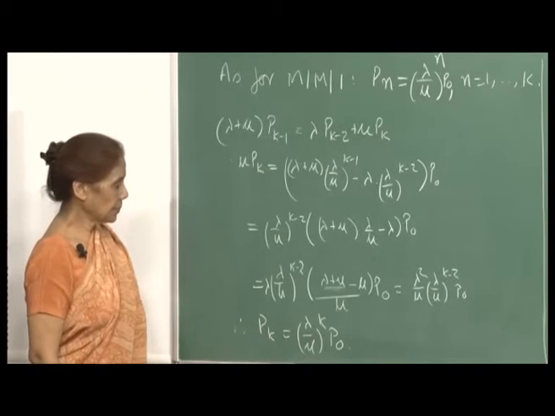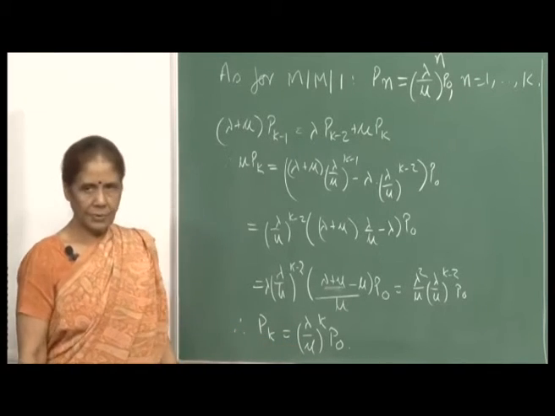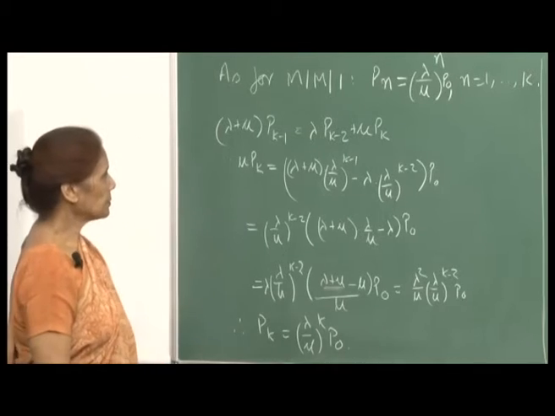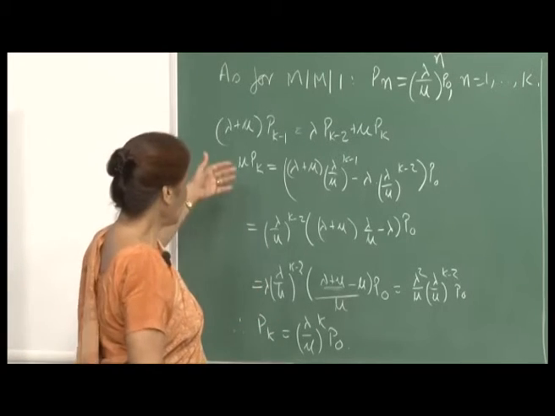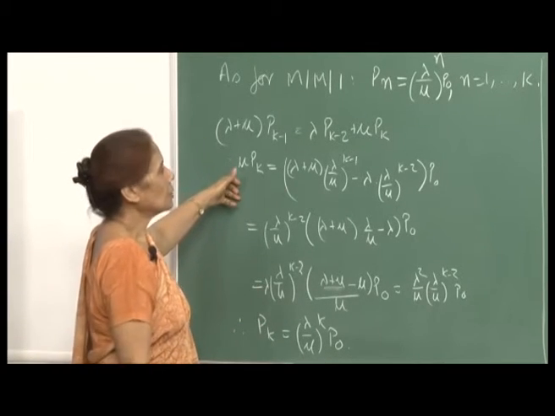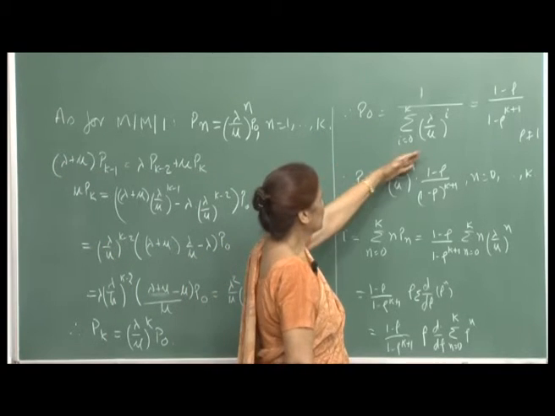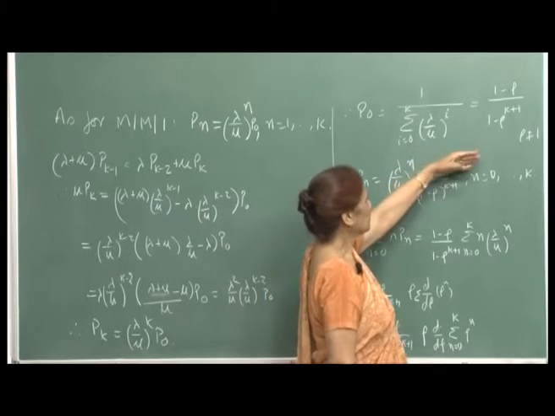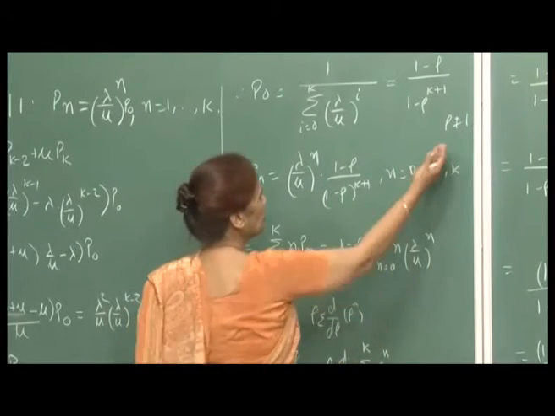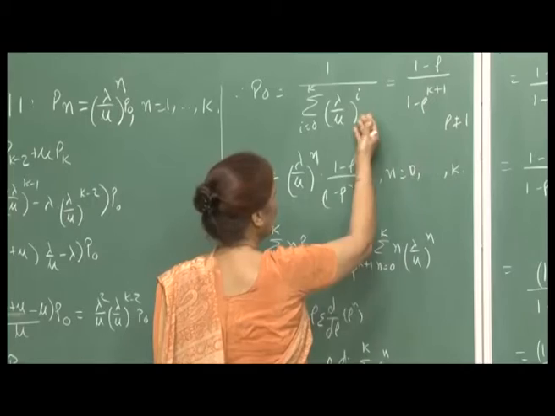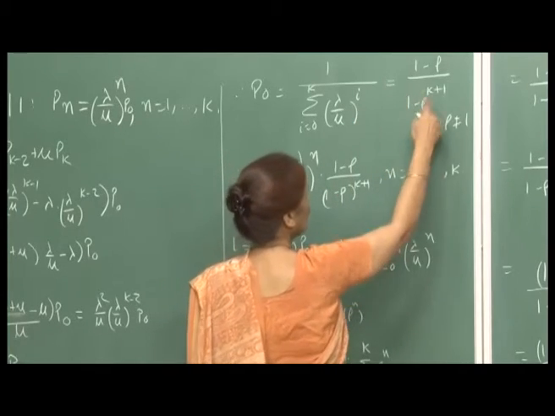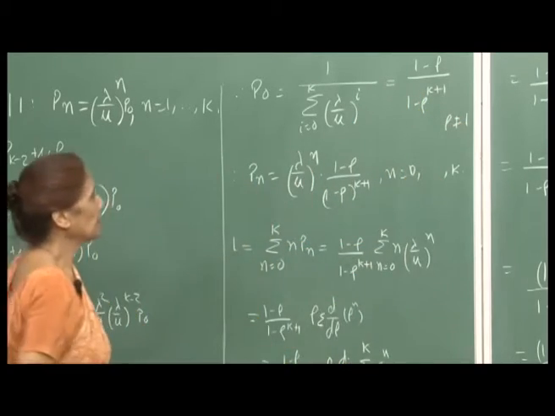So, therefore, there is no problem in solving your balance equations, and then since all the probabilities must add up to 1, you get the expression for P naught, which is a geometric series here, and of course, except that rho should not be equal to 1, because when rho is equal to 1 you will have a simplification.